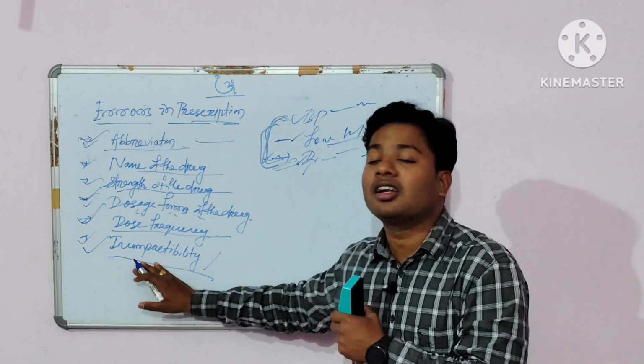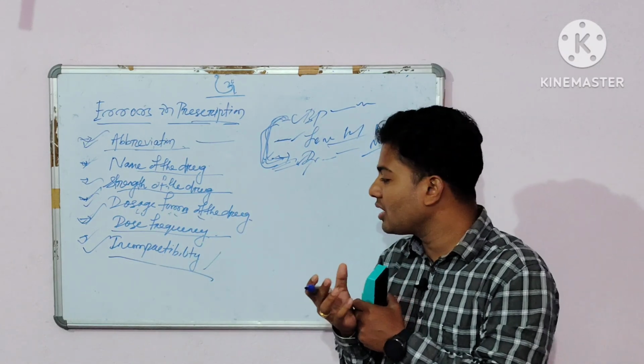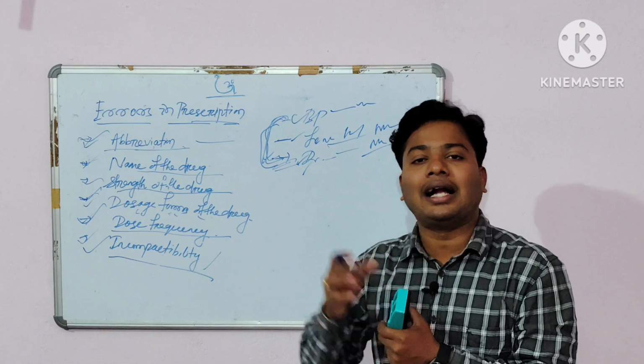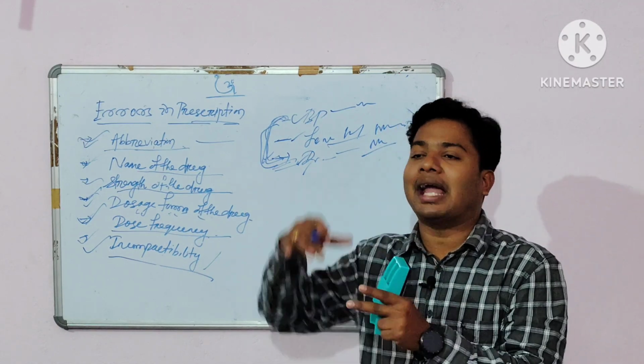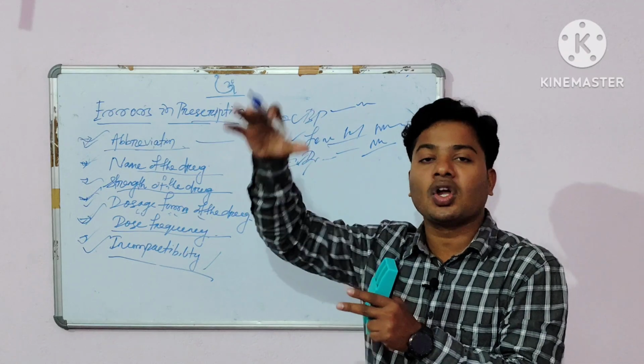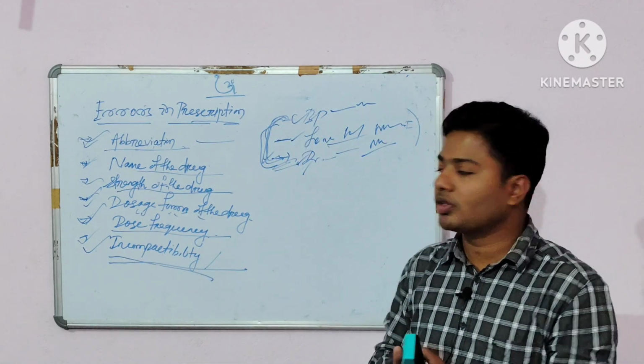So that is the incompatibility. Incompatibility means two or more medicines simultaneously administered will react with each other, and that's why the action may be enhanced or decreased. So that is the incompatibility.